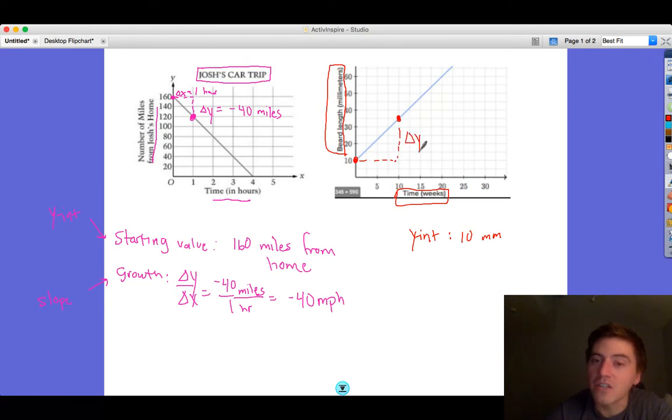That means my change in y is from 10 to 35. You can see each one of these lines here. 10 to 35 was plus 25. Plus 25 what? Millimeters. And from 0 to 10, the change in x was 10 weeks.